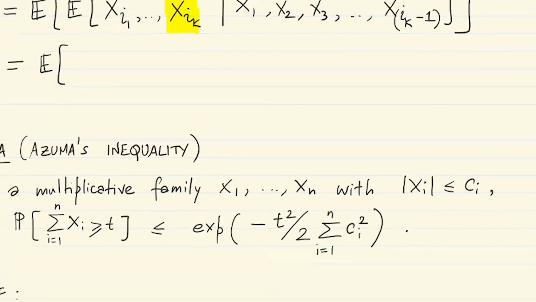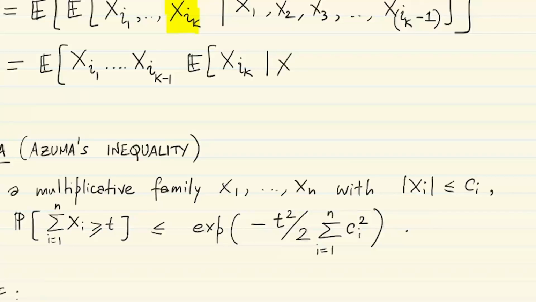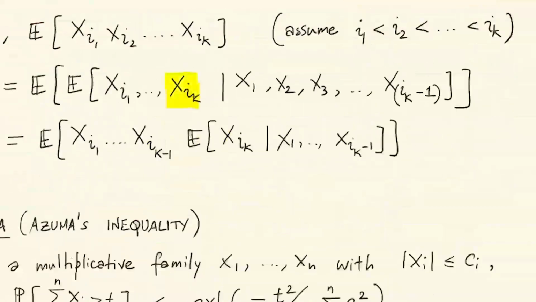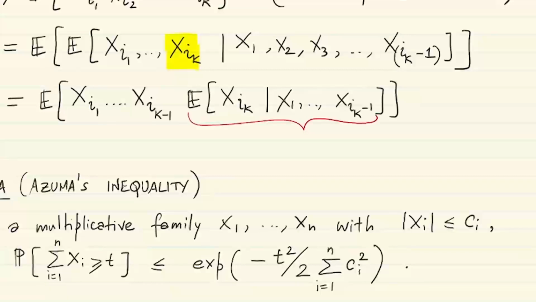And so you get the product X_{i1} up to X_{i_{k-1}}, and then what is remaining is X_{ik} given the first i_k minus 1. You can easily show by the properties assumed above that this conditional expectation is 0. So this is equal to 0.